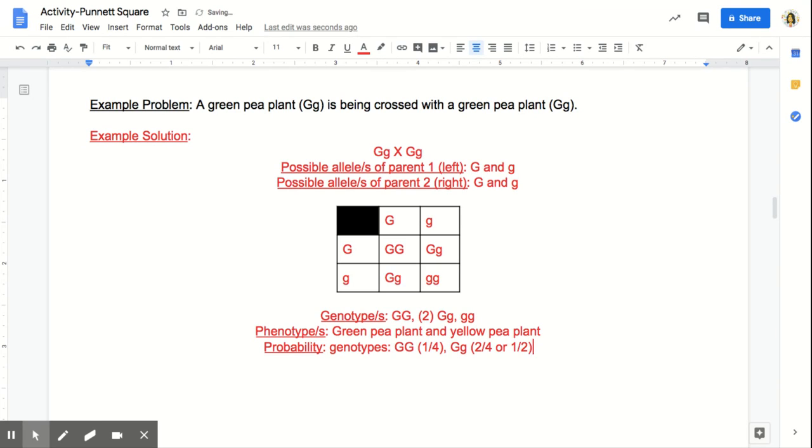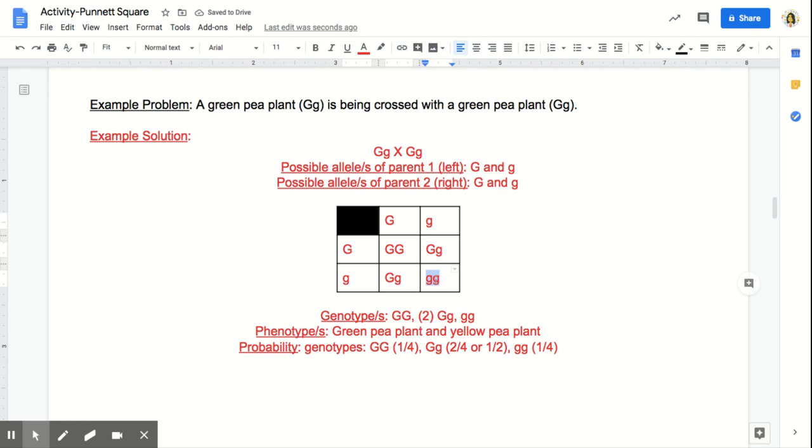So if you get the lowest terms of 2/4, it's 1/2, right? So it's like a math lesson or math concept. And for the homozygous recessive, it's 1 out of 4 as well because there's only one homozygous recessive out of 4 offspring. So that's for genotype.